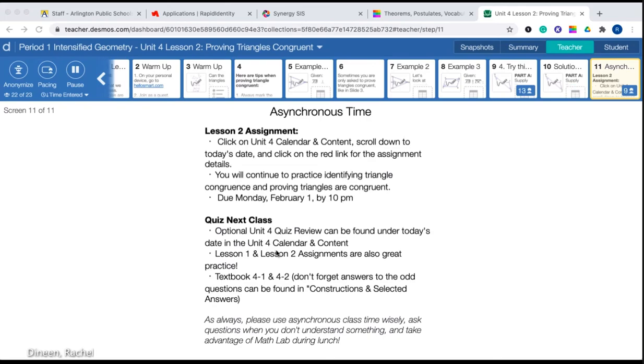And you can also conference with me if you email me and set up an appointment. But definitely take advantage of those resources. And if I haven't checked your Desmos yet from lesson 1, the answer keys are there.